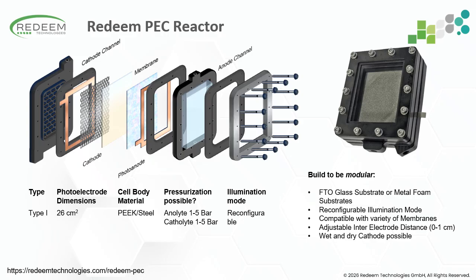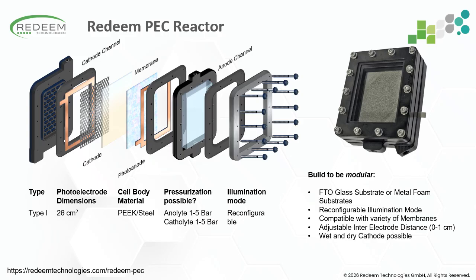The reactor is compatible with both planar FTO glass photoelectrodes and porous metal foam substrates, making it suitable for a wide range of photoelectrode materials, unlike many literature reactors that are optimized only for one of these configurations.